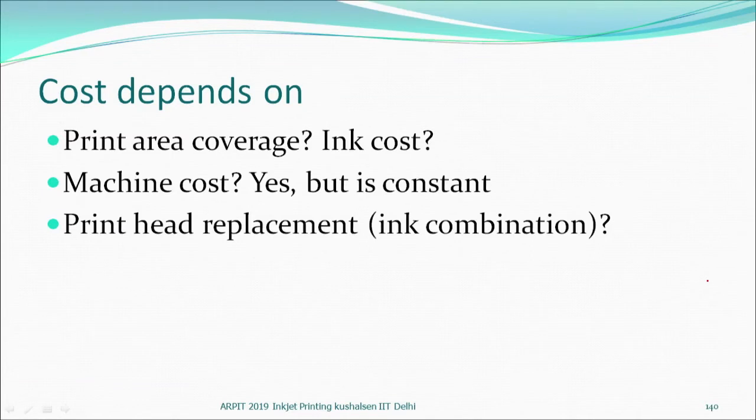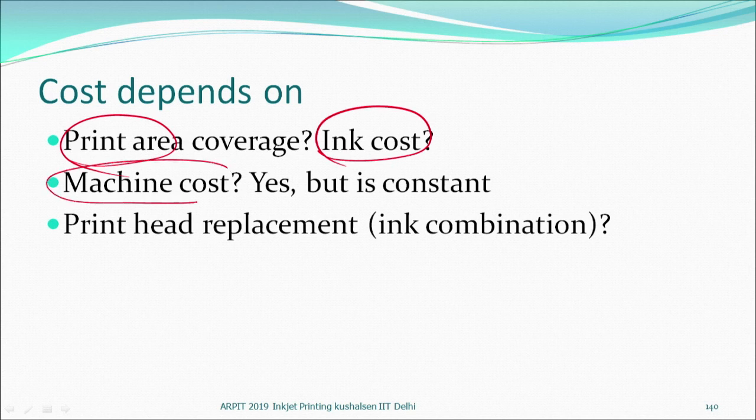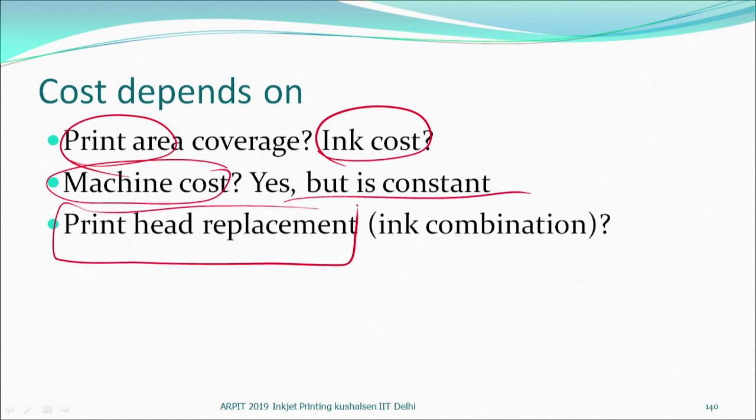So, cost depends on what? Print area: more print area, more ink cost. Machine cost is constant, no problem on that. The main thing is print head replacement, because if a print head gets choked, it has to be replaced. That is a big cost.